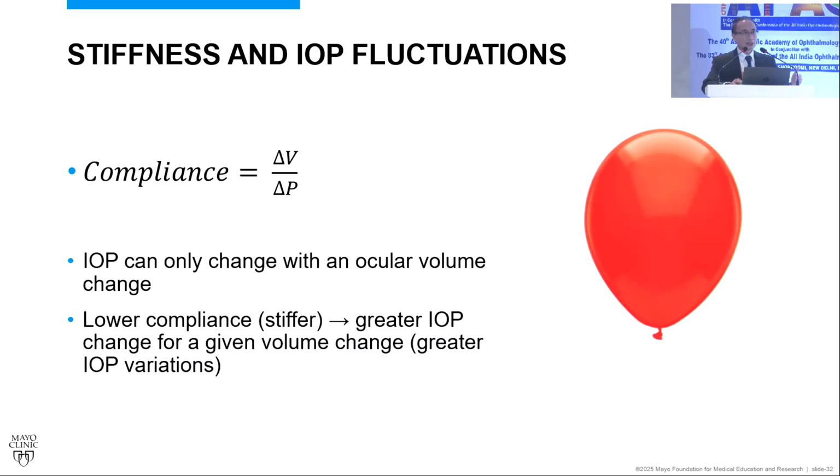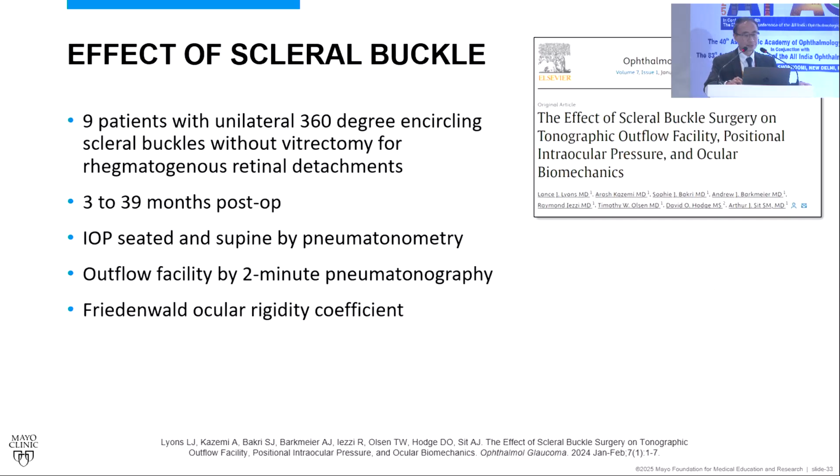And if that's the case, then that means if you have an eye with lower compliance, so a stiffer eye, you're going to have greater IOP change for a given volume change, which means greater IOP variations. And we see this in some patients.